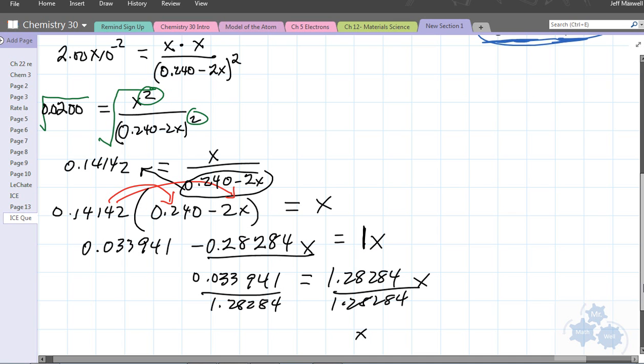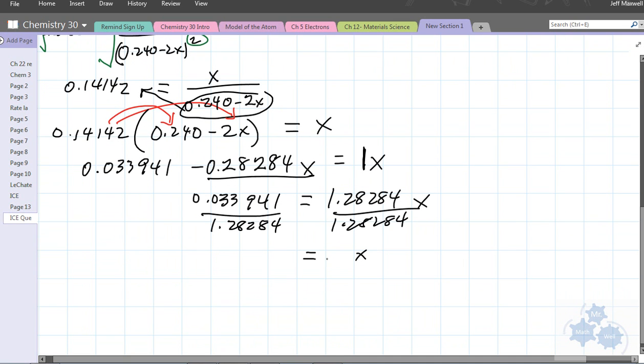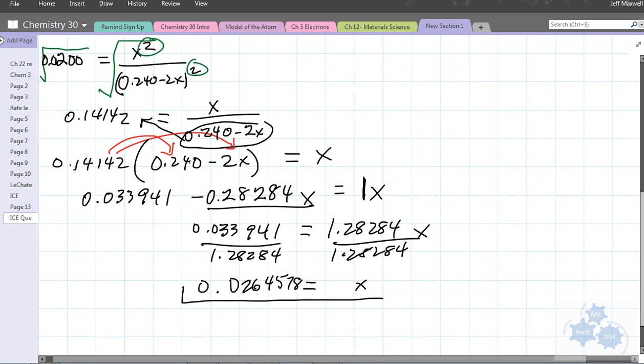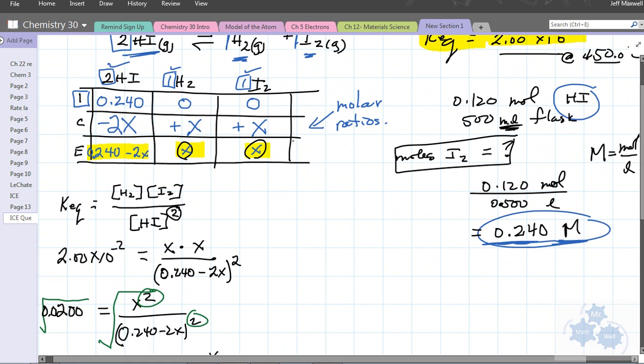And then we should get an x value down there. Here now, after that math, 0.0264578. And again, we don't just circle that and move on. We have to go back and see what was that x representing. Okay, it was representing the concentration of I2 and H2.